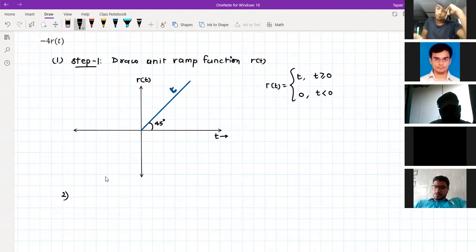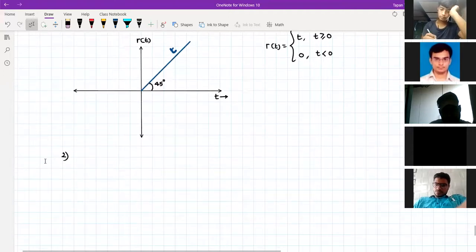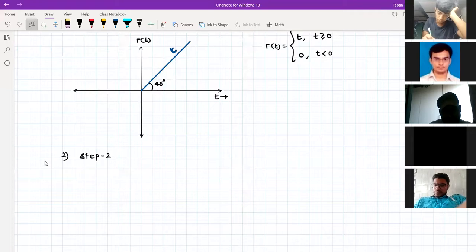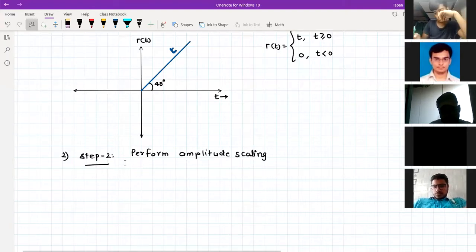Now you need to perform only one operation, and that is amplitude scaling of the original signal. So that will be step 2. Perform amplitude scaling, because there is no shifting operation.